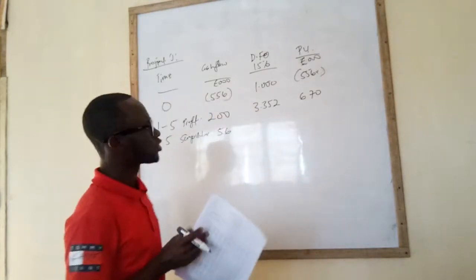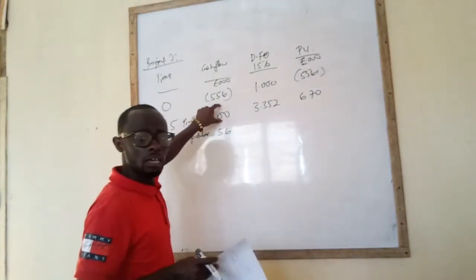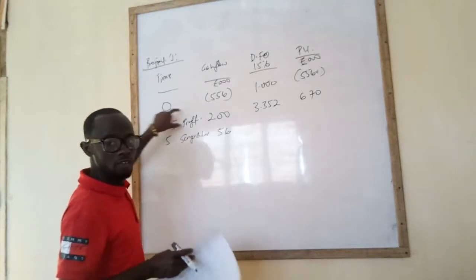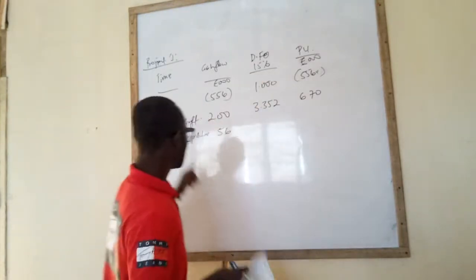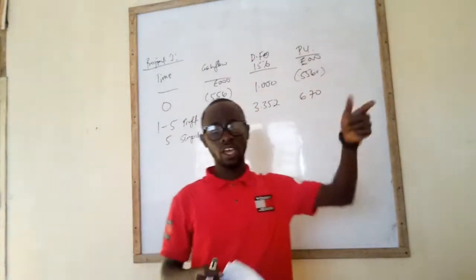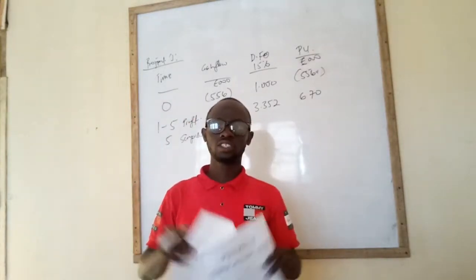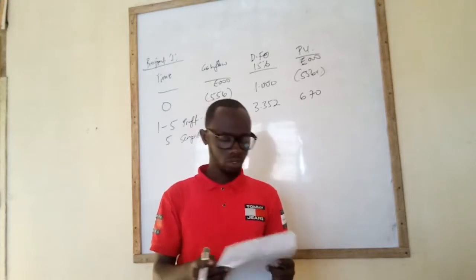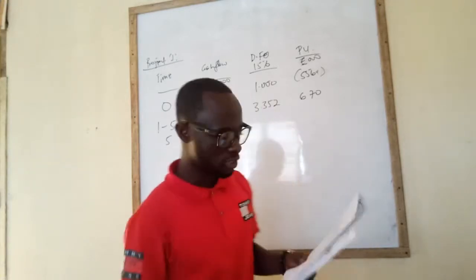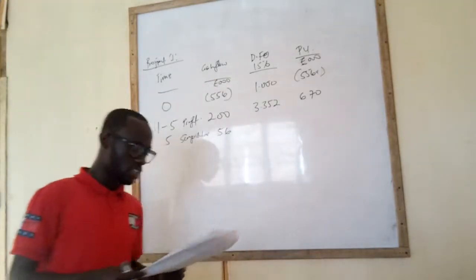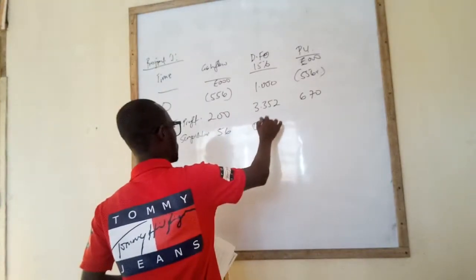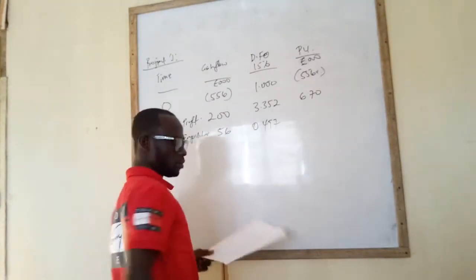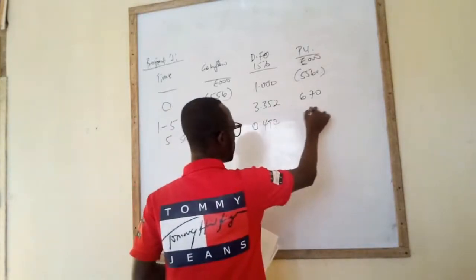Now look at the difference closely. We are receiving the same amount of money for a whopping 5 years. That is why the rate has to be read on the annuity table. But this scrap value is at the 5th year, one time. So we need to read that on the next present value table, okay? So 15%, 5th year, that will be 0.497. And so when we multiply, that leads us to 28.